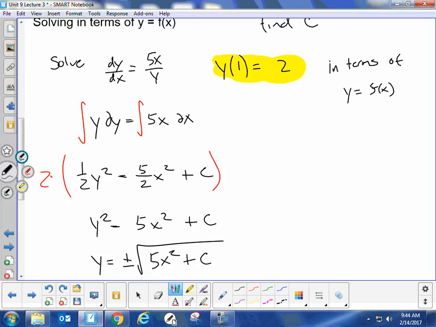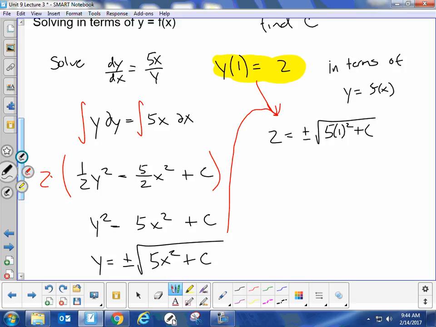We should get y equals plus or minus root 5x squared plus c for our general solution. Now we use our initial condition. I say 2 is equal to plus or minus root 5 times 1 squared plus c.